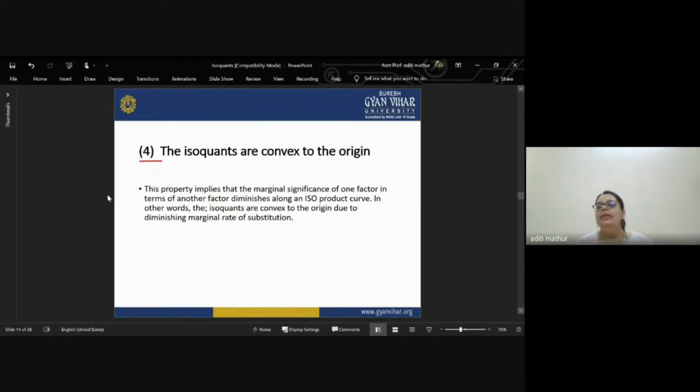So with the help of this point, we are telling that our isoquant curves are convex to the origin. They are downward sloping from left to right, and it is because of our diminishing marginal rate of substitution.